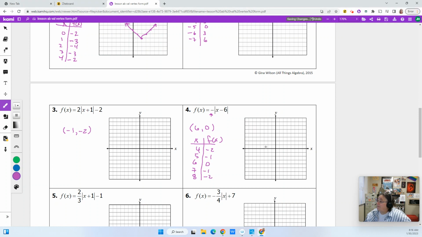And when we go to graph this, we know we have our point at 6, 0. And then we have our other point at 5, -1. We have another point at 4, -2, and this is going to repeat on the opposite side of it, right?